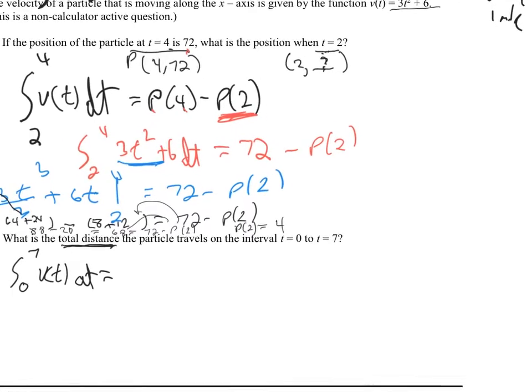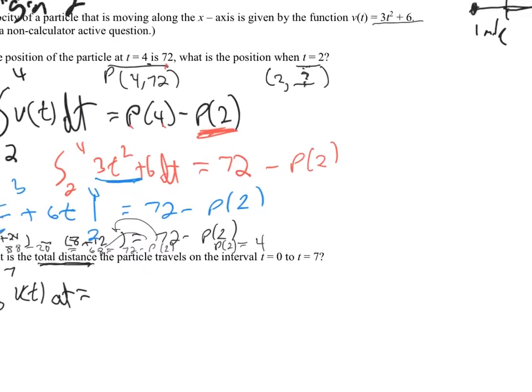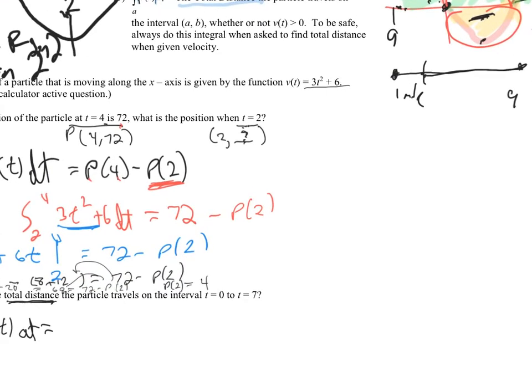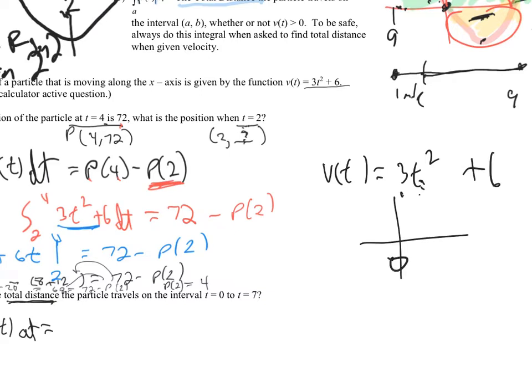Well, it's a parabola. As I recall, v of t is 3t squared plus 6. And if you want to just check it real quick, we're going from 0 to 7. What is this value at 0? It's 0 squared, 0, plus 6 is 6. And if I go to 7, 49 times 3, I don't know, it's almost 150. It's way up here.